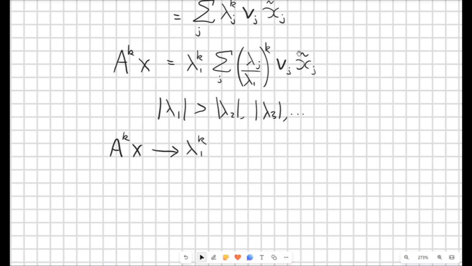We have a constant, which I'm just going to move to the left of that vector, that's when j is equal to 1 as well. And then we've got this vector v1, where if you remember, v1 is the first eigenvector. It is the eigenvector associated with lambda 1, therefore it is the dominant eigenvector. So we say as k tends to infinity.